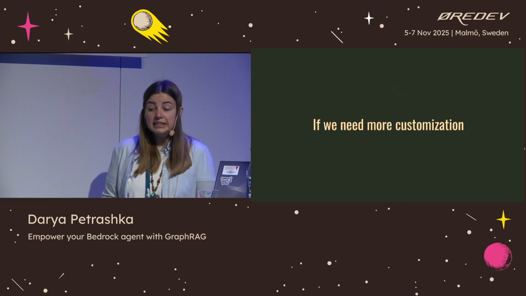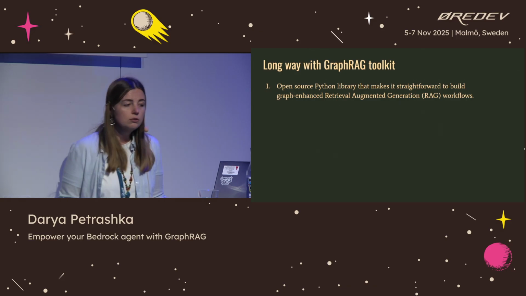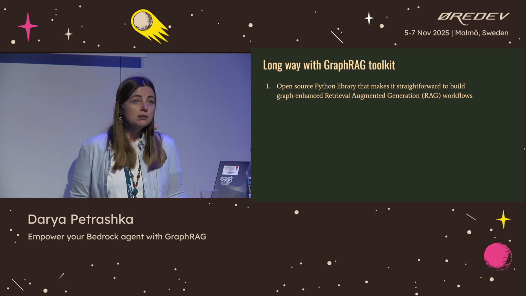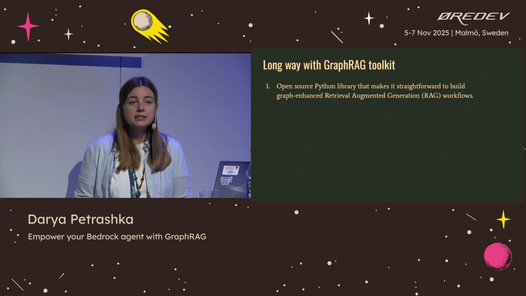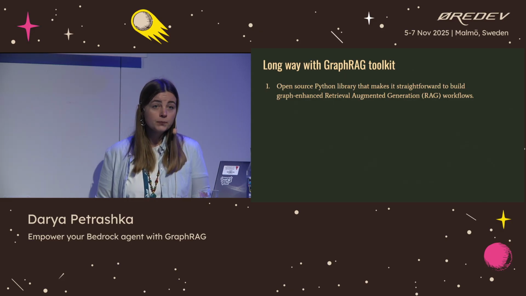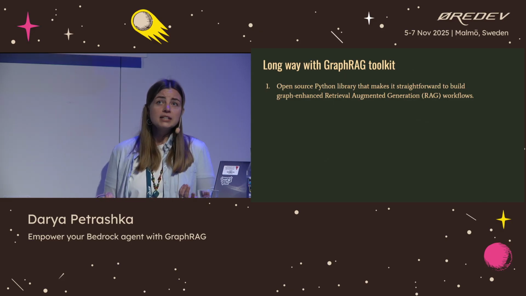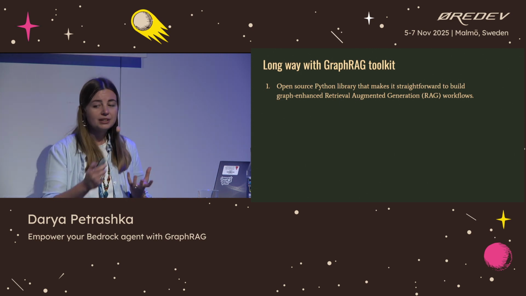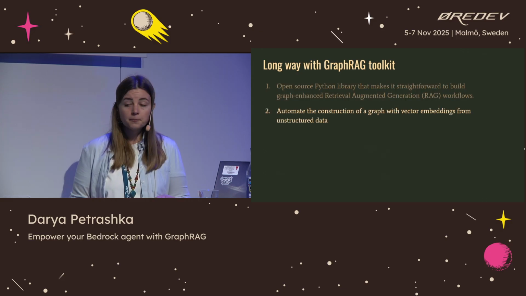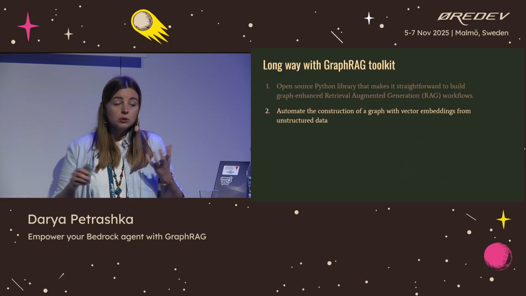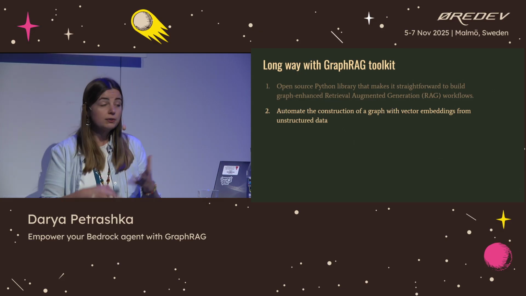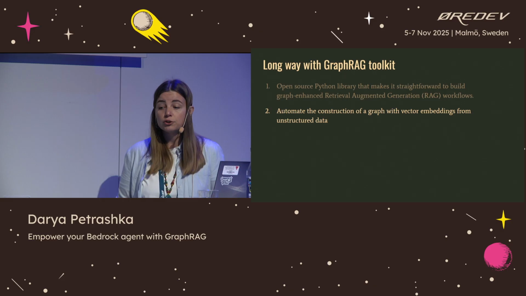But if you need more customization, you can use something like a GraphRAG toolkit, which was also developed and is being maintained by AWS, but it's an open source Python library that tries to make it straightforward to build graph-powered workflows. So you can use it to automate the construction of a graph with vector embeddings from unstructured data.